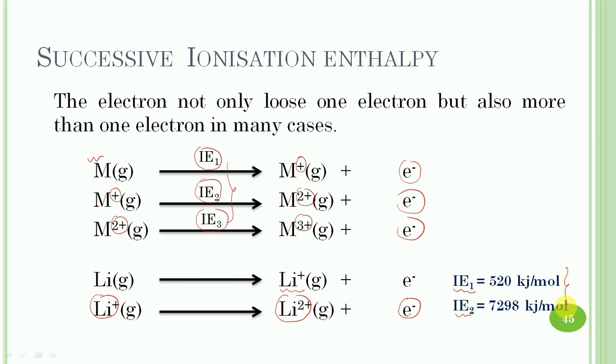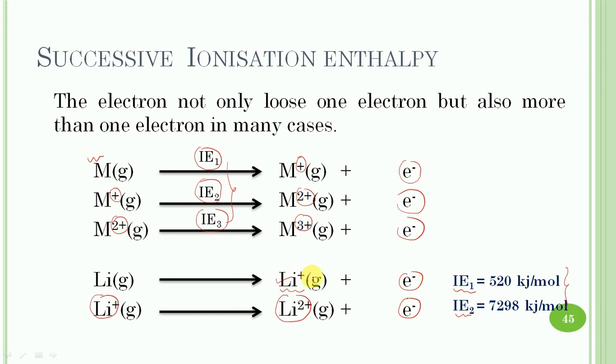So it is very clear from these data that the second ionization enthalpy is very much higher than the first ionization enthalpy, and this is mainly due to the fact that after the removal of the first electron, the atom changes into a monovalent positive ion.